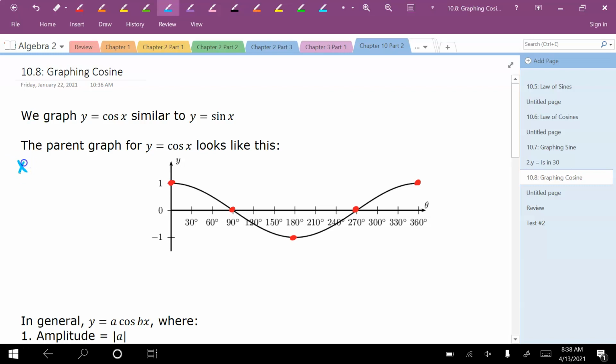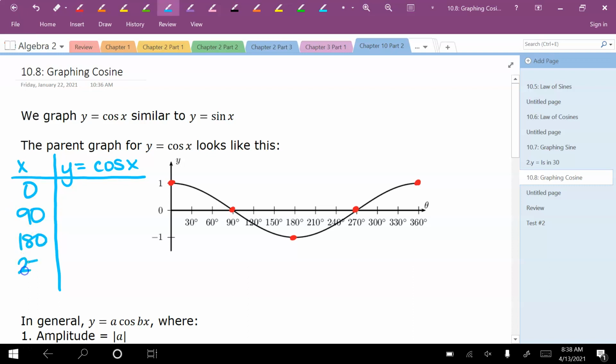So this time, if I look at the table, I'm still going to have those points like 0, 90, 180, 270, 360. So it's still kind of along that same period that sine was. So those are the same points that we talked about yesterday.